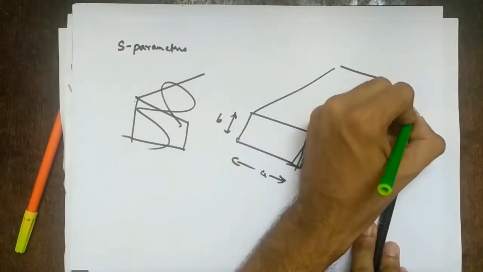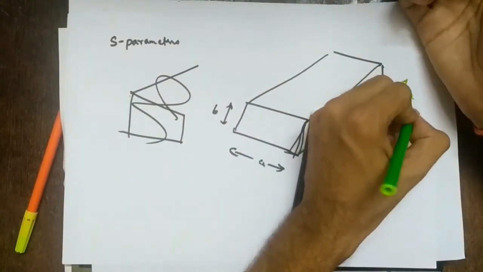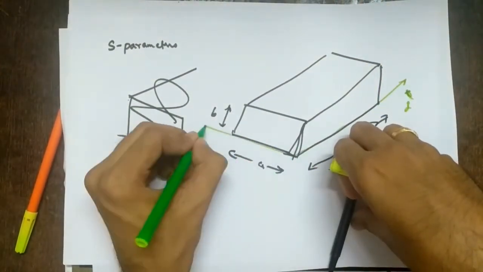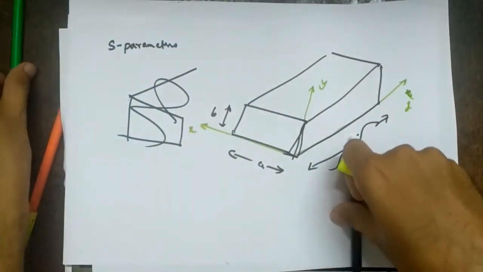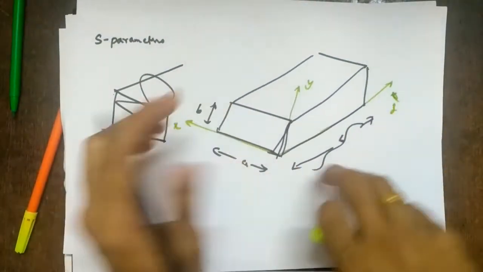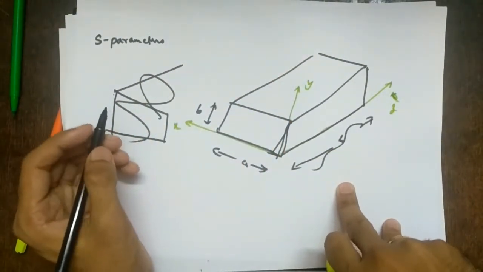We have taken this as the z-axis. If that is z, by the right-handed coordinate system, this is x and this is y. So this is the rectangular waveguide construction.